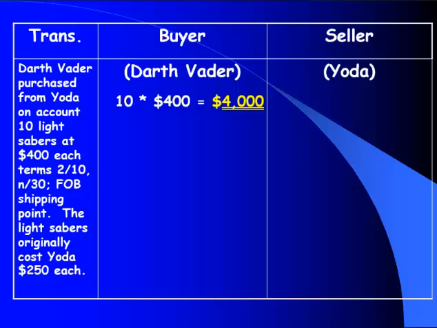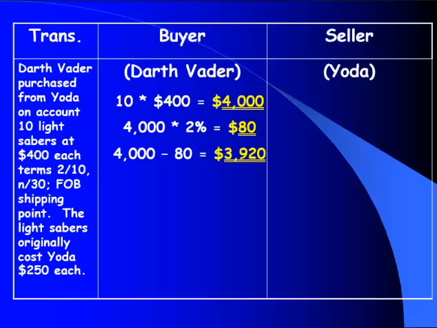That says if we pay them by day 10, we can take a 2% discount. And remember, we will make the assumption when we record this purchase that we're always going to take the discount. So 2% of 4,000 says we would be able to save $80. So it's not going to be a $4,000 purchase. Instead, we'll reduce it by the 80, and this would now be a purchase of $3,920.